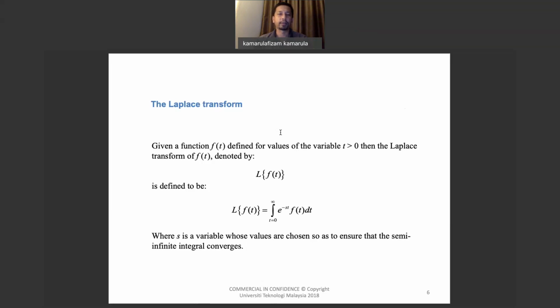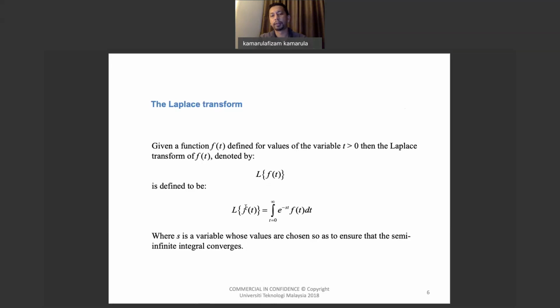For example, here in this slide, we see given a function f of t, any time domain function, defined for values of the variable t bigger than 0, then the Laplace transform of f of t is denoted by capital L, curly braces, f of t.